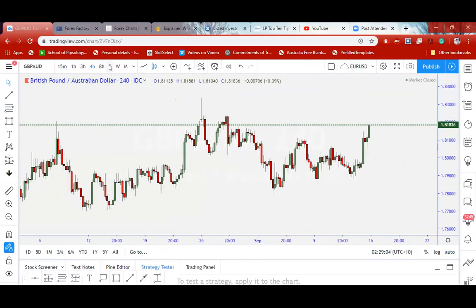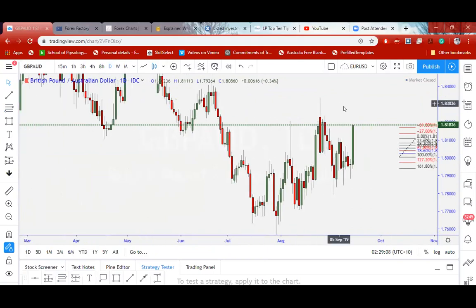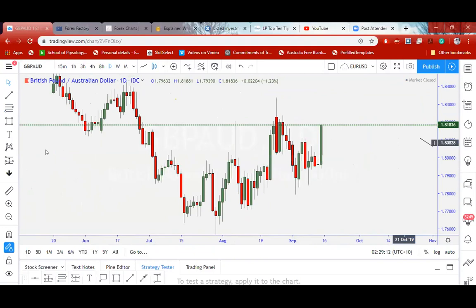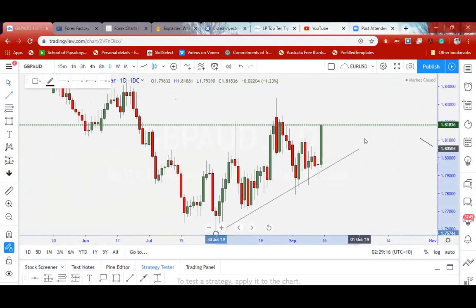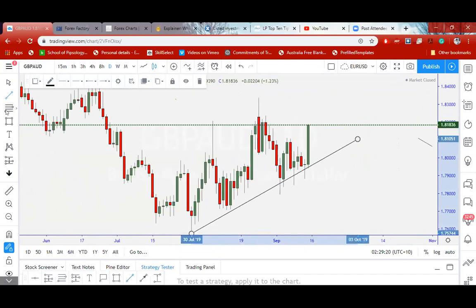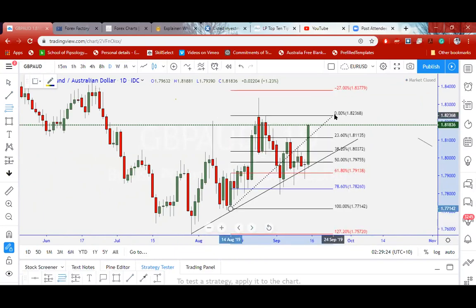So first, shall we start from daily? Yeah, let's go on the daily. And let's try to find a nice place where we can find a nice 61.80 tapped and the price reverses before. Probably this one. What do you think?